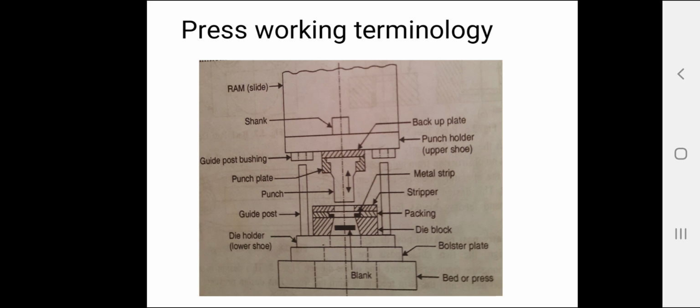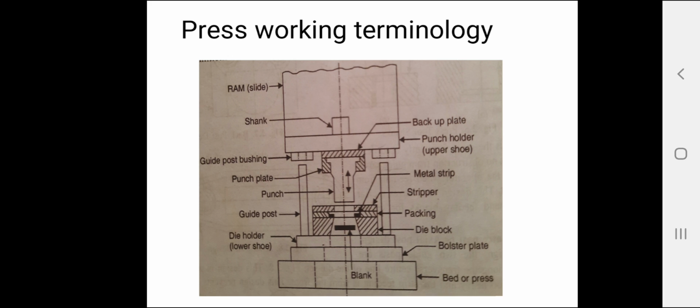The lower shoe of a die set is generally mounted on a bolster plate of a press. A die block is mounted on the lower shoe. Also, the guide posts are mounted in it. Then the punch. You can see in the diagram there is a punch. This is a punch.